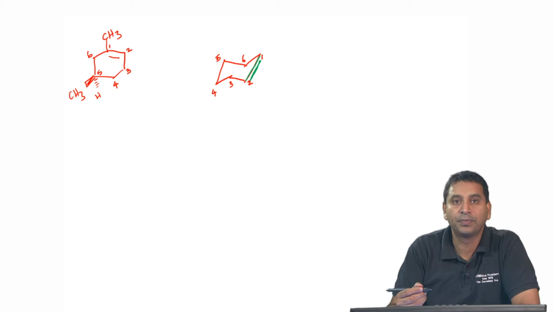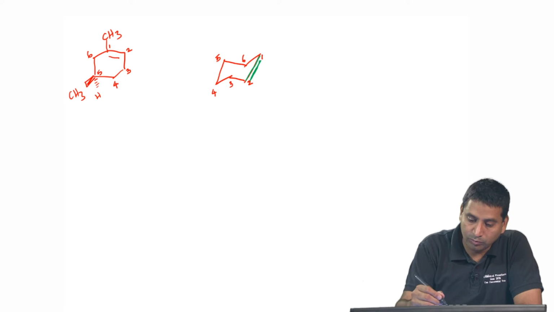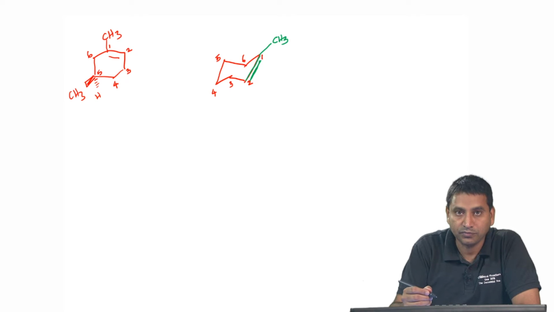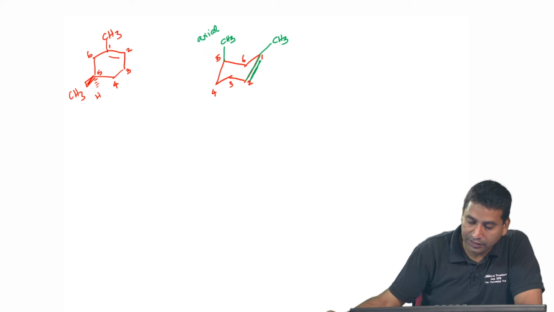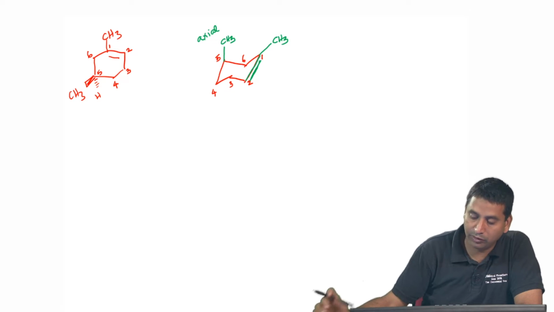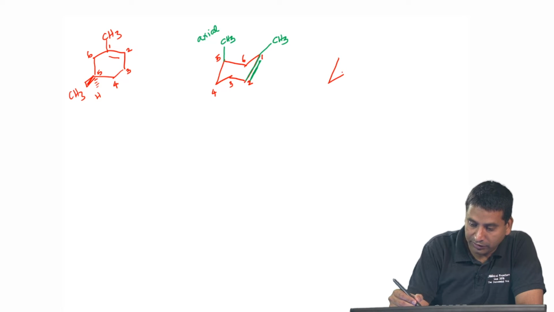It is my double bond over here, right, and there is a methyl group on this carbon 1, which I am drawing like this. Now, as we can see, there is a methyl group on carbon 5. So, there are two possibilities here. Methyl can be axial, this is axial, or it can be equatorial. So, let me draw out the compound in the equatorial conformation, just so that we have the structure written correctly.